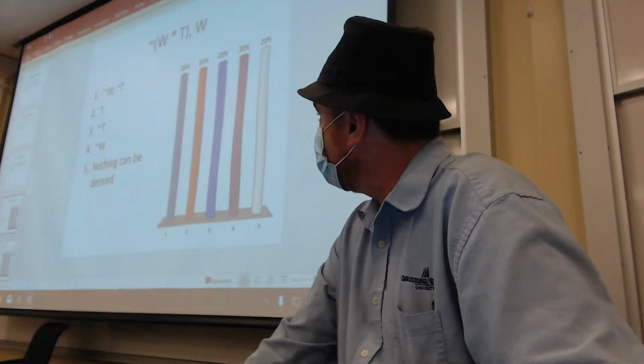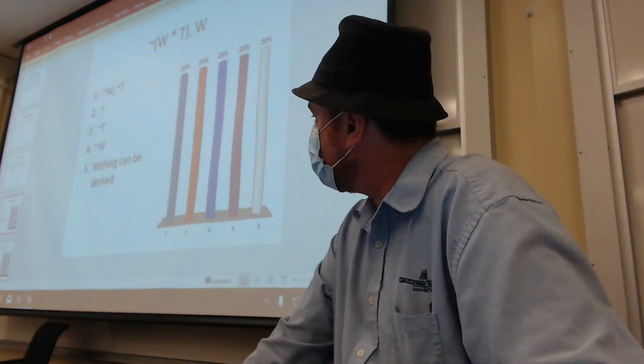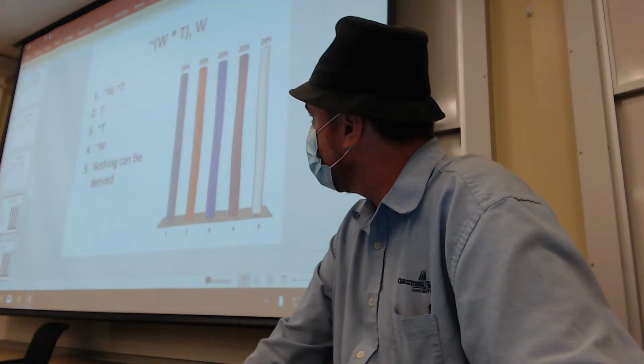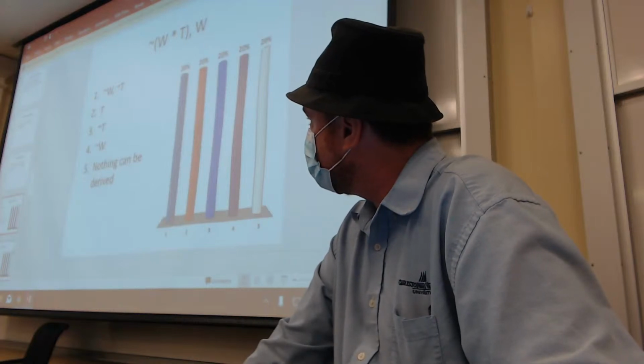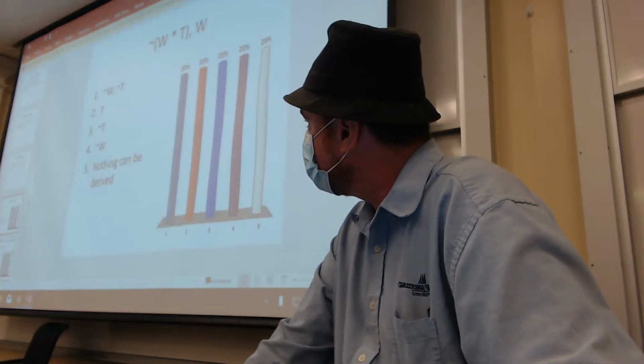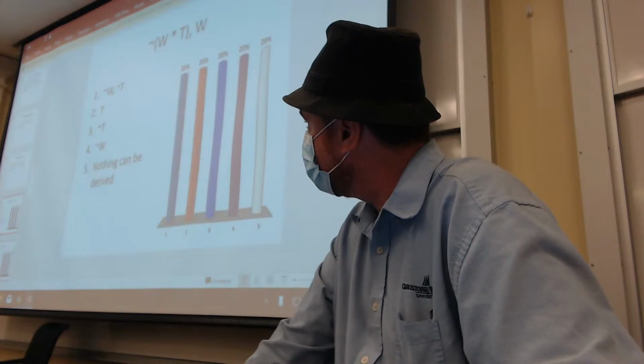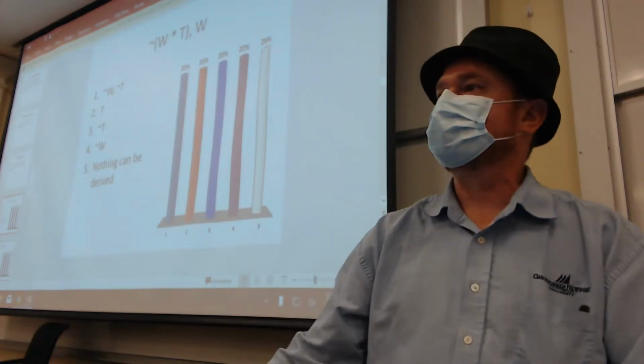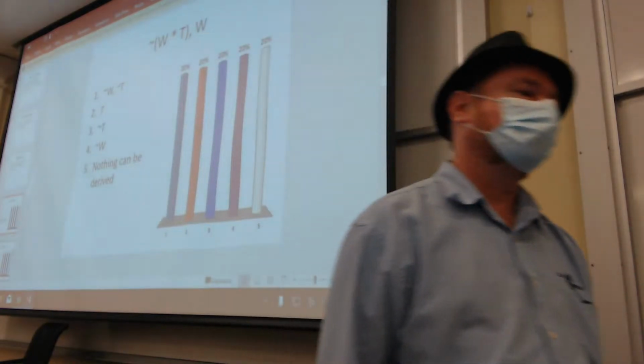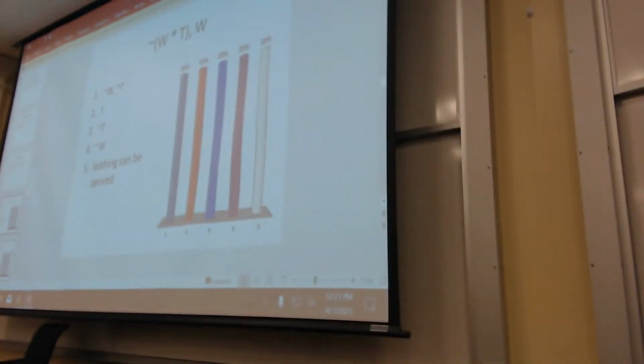So let's say on the test, pretend you're taking a test. And we've got not W and T and the additional claim W. I want you to write down an answer, or if you did the homework you can just go over the homework as we go.